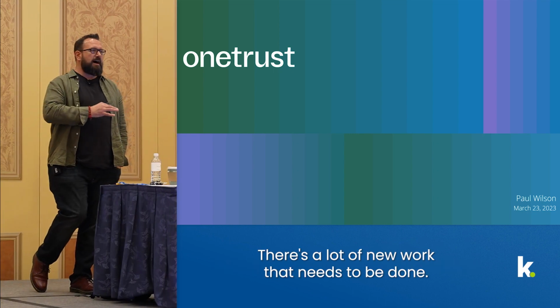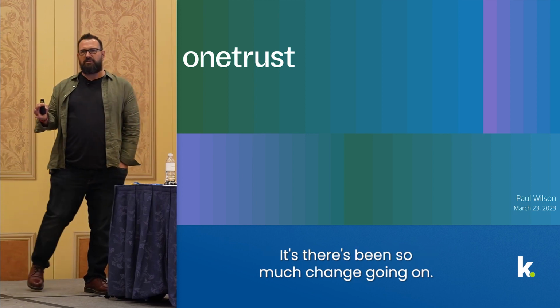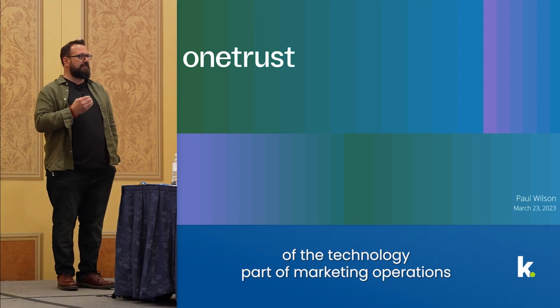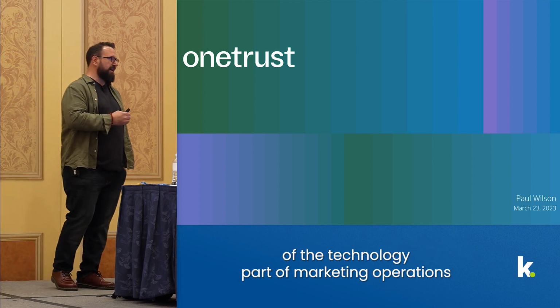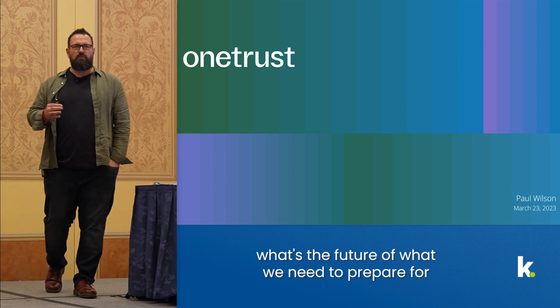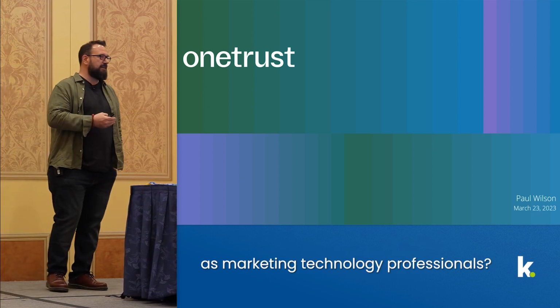There's a lot of new work that needs to be done. There's been so much change going on. So I'm going to look at this from the perspective of the technology part of marketing operations and think a little bit about what's around the corner, what's the future of what we need to prepare for as marketing technology professionals.